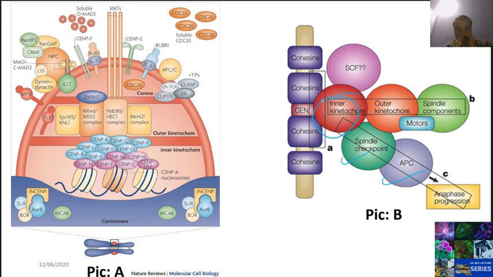So the third one is the kinetochore protein cell cycle machinery interface.